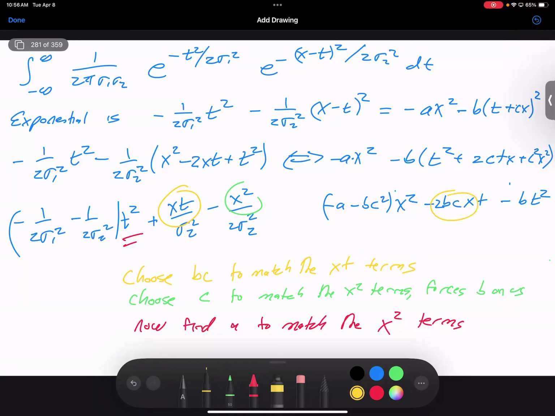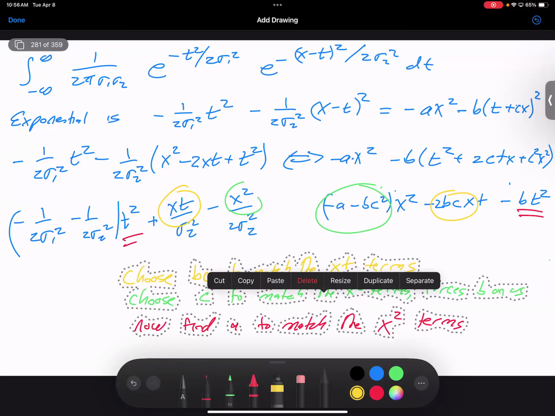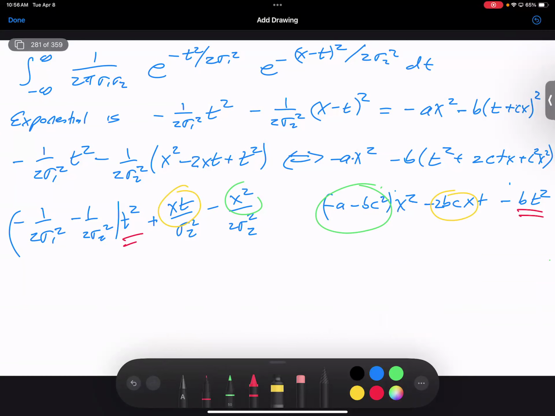Okay, so looking at this, which one is the easiest to match? It's going to be, I think, the t squared, right? So match t squared, that forces b on us.